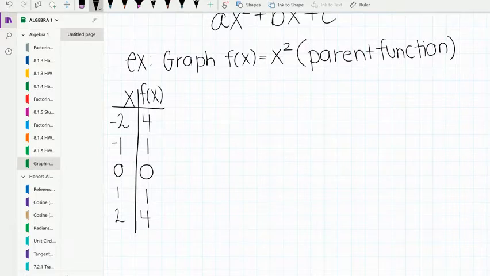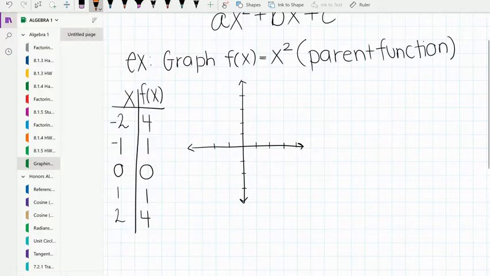Okay, so we're going to graph that information. I'm just going to use the grid lines as my numbers. So we have 0, 0, 1, 1, 2, 4, -1, 1, -2, 4.